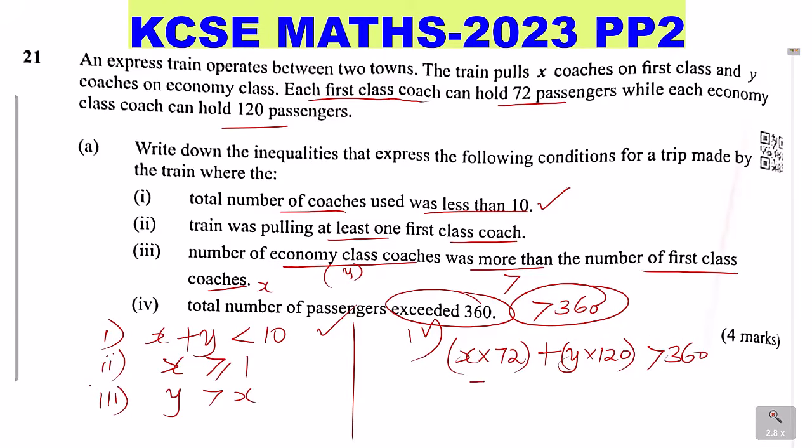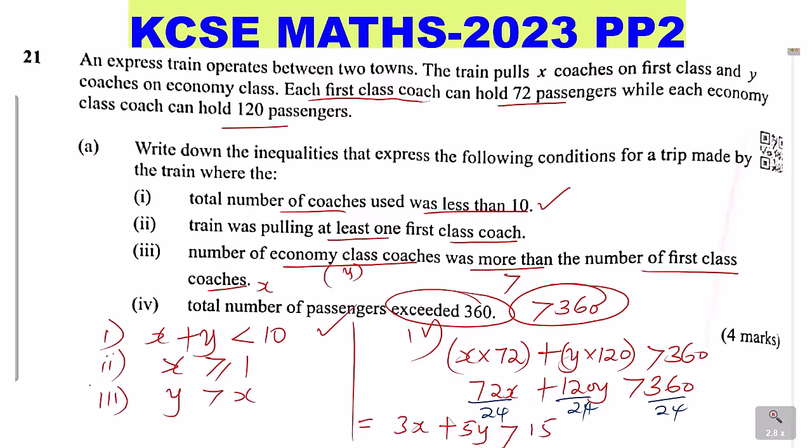So simplify these, we get 72x plus 120y should be greater than 360. So you can simplify these by dividing everything by 24. You can see all the terms are divisible by 24, and when you do that, this is what you're going to get. So you'll get 3x plus 5y should be greater than 360 divided by 24, this will be 15. So now we have all the inequalities. So the first one is here, the second one, the third one, and the fourth one.